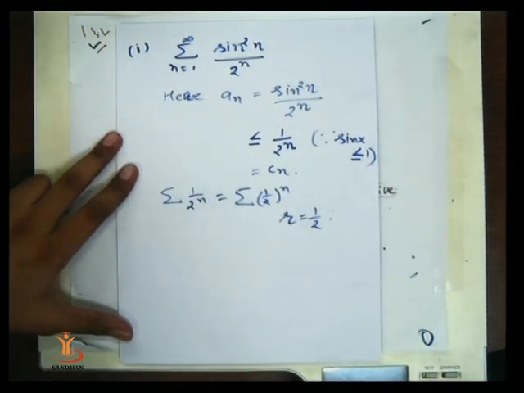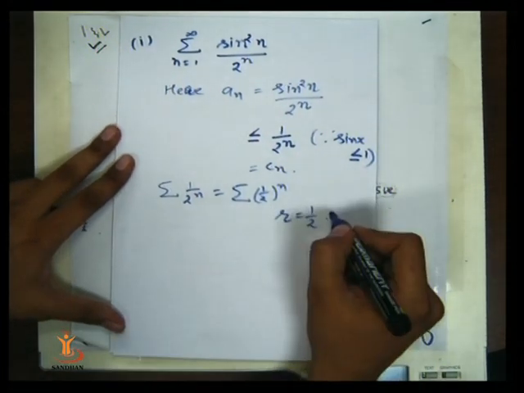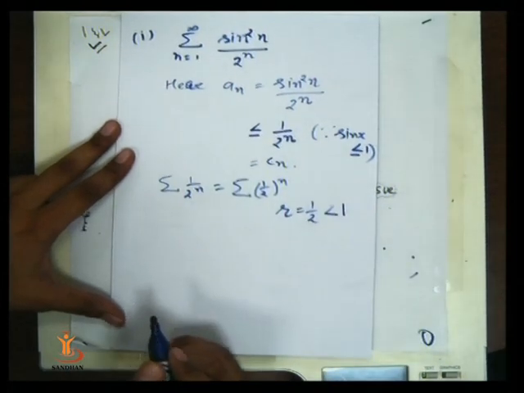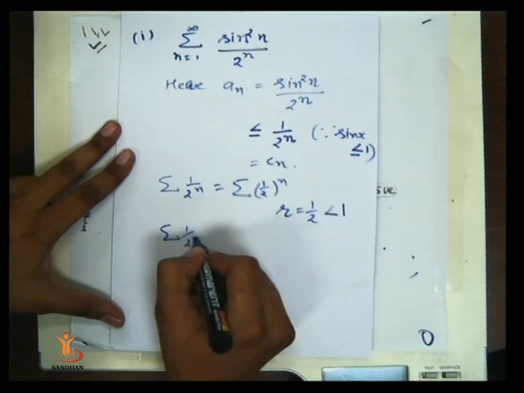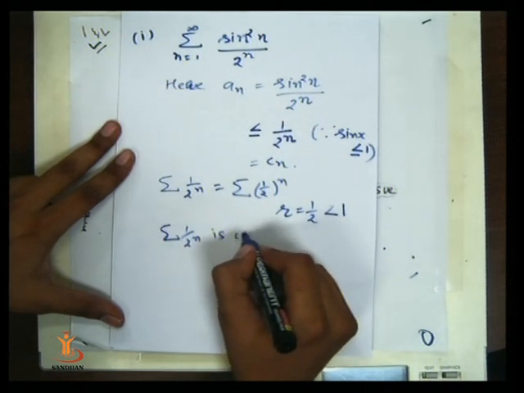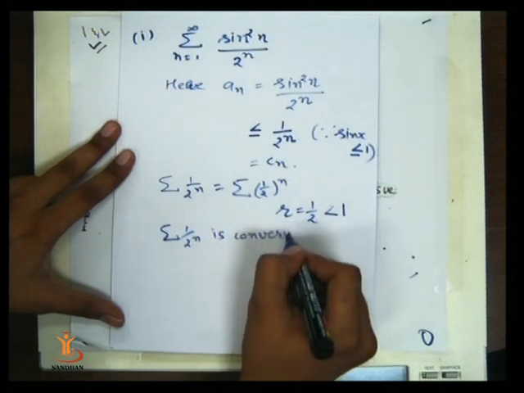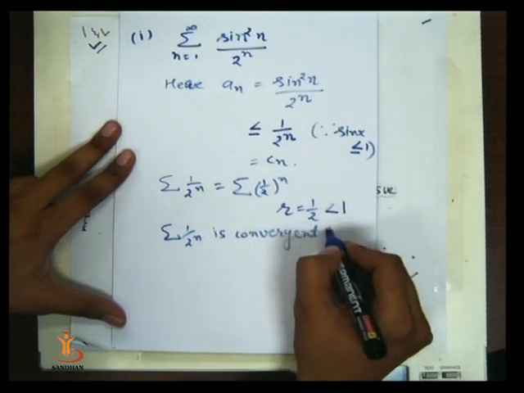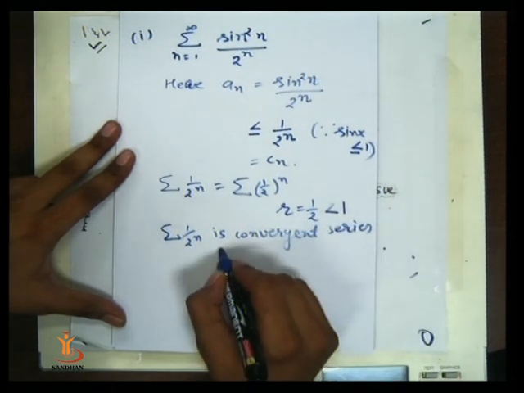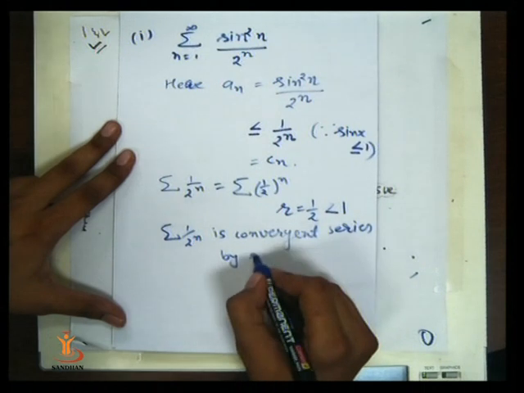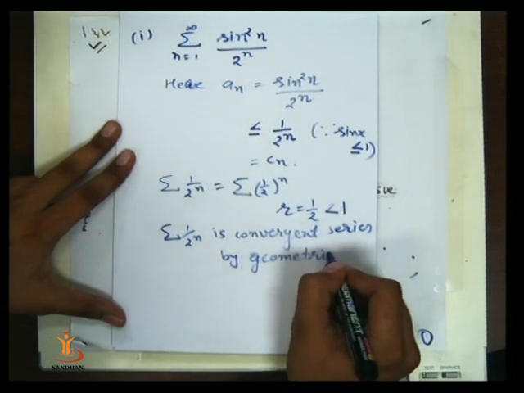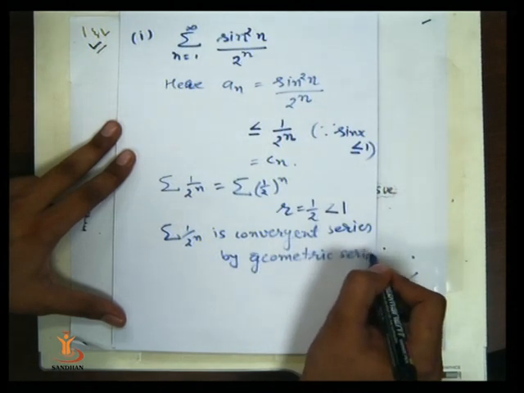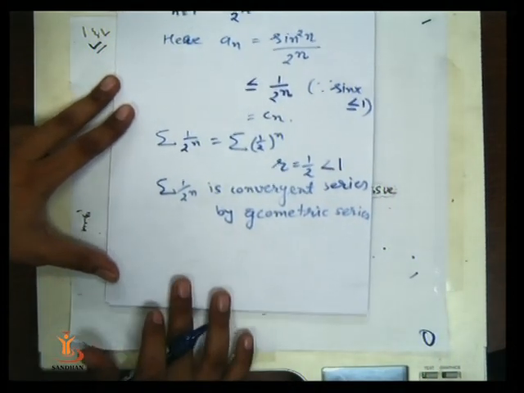So here the ratio r is equal to 1 by 2, which is less than 1, right? So the ratio is less than 1, that means the series summation 1 upon 2 raised to n is a convergent series by the geometric series test.